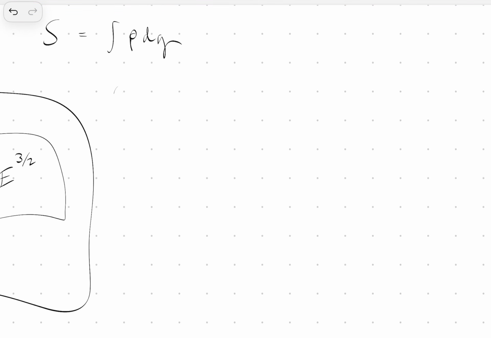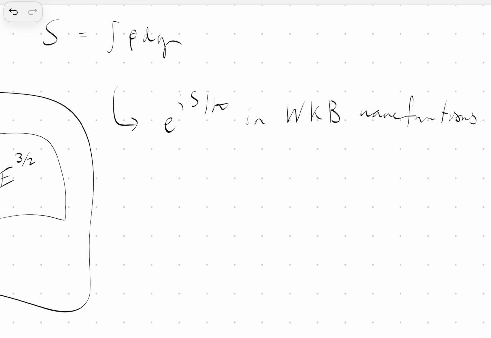Of course, it's the real action, so it gives the phase of e to the iS over h bar in WKB wave functions. The phase itself is controlled by the real action, and it controls interference and propagation.